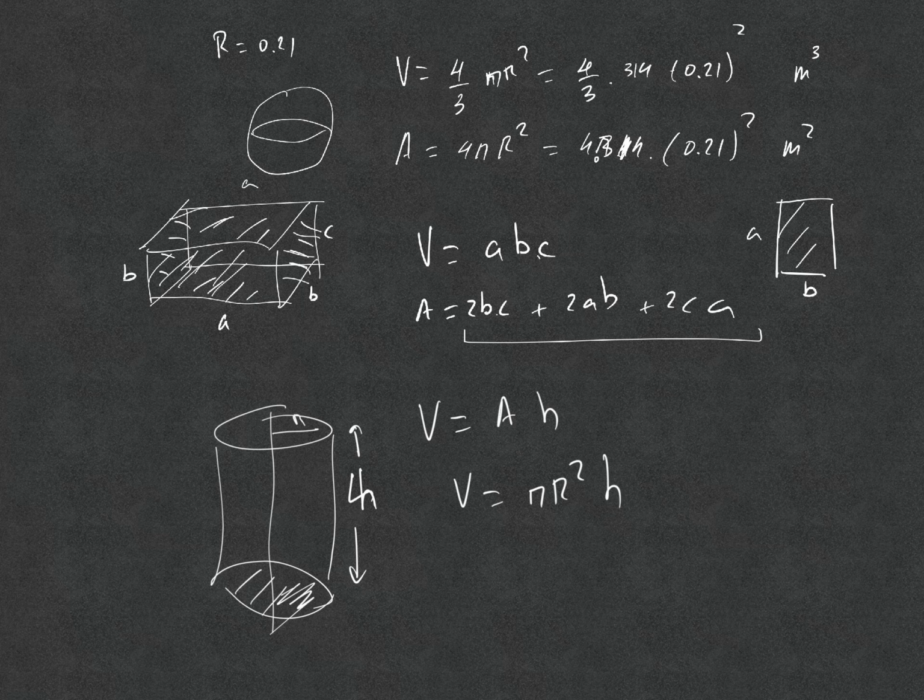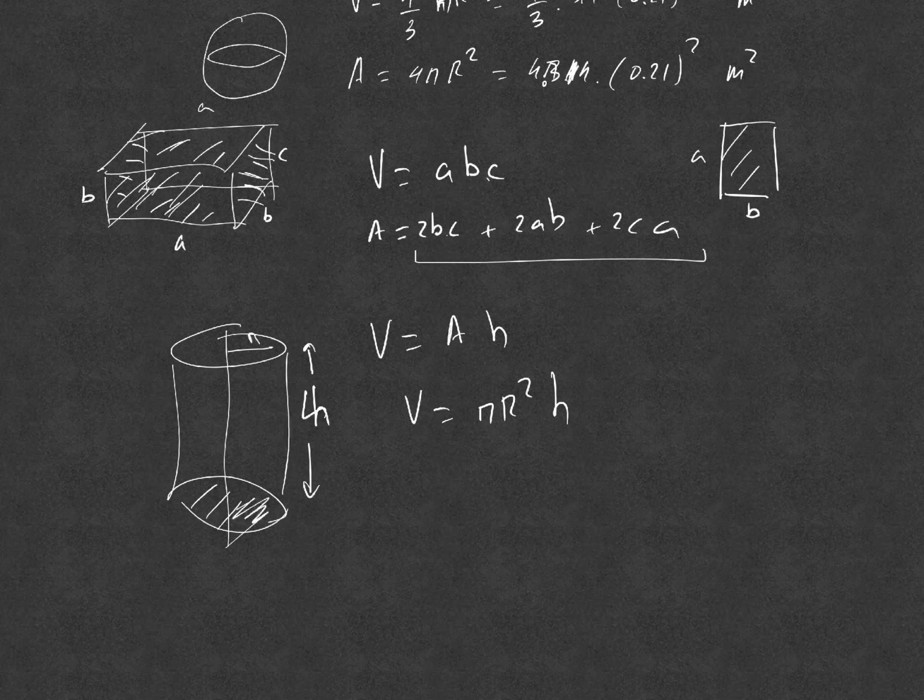This is the volume, and now the surface that surrounds it. For this you have to use scissors. You make a cut here and you lay out the exterior surface flat like this. This is h, and this is 2 pi r.